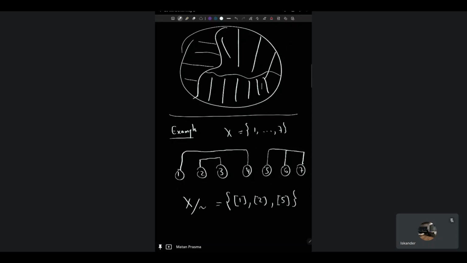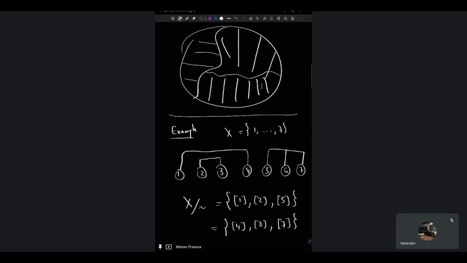Here, I simply mean whenever two circles are connected by a line, then I consider them equivalent. And of course, this quotient set can be written in other ways. For example, I could do the equivalence class of 4, the equivalence class of 3, the equivalence class of 7, and that's the same thing.